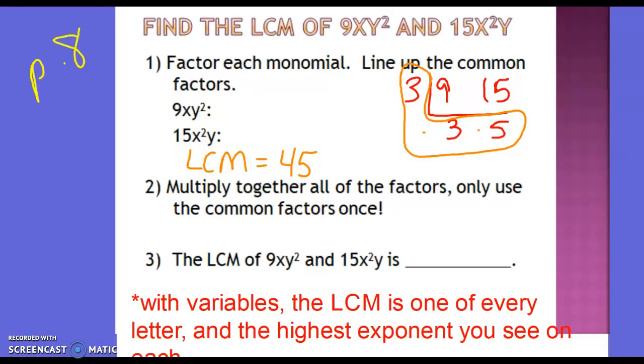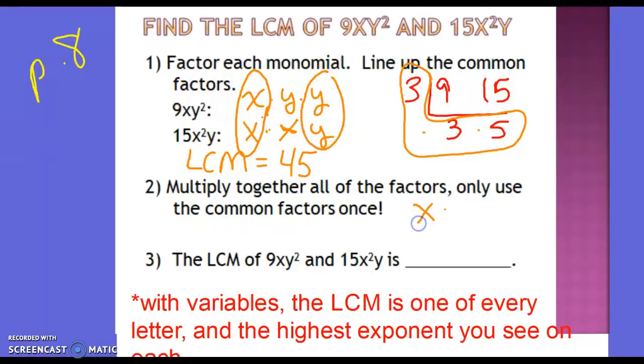Now letter-wise, what we want to do is expand it out and line them up. So xy squared is x times y times y. X squared y is x times x times y. So we circle what they have in common, and we write those down once. So I have an x, and I have a y.